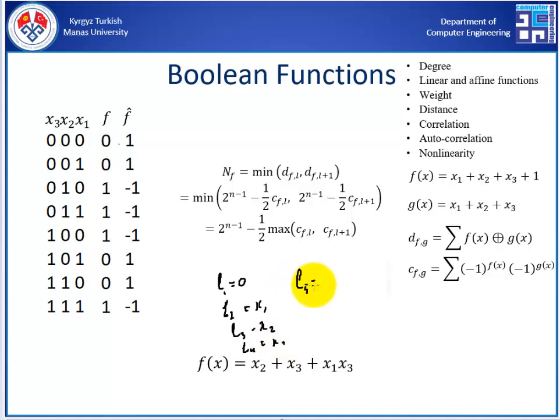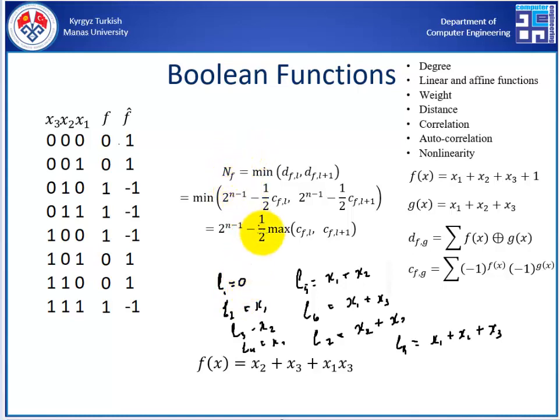L5 is equal to x1 plus x2, L6 is x1 plus x3, and L7 is x2 plus x3, and we have one more linear function with 3 variables, which is L8, x1 plus x2 plus x3.